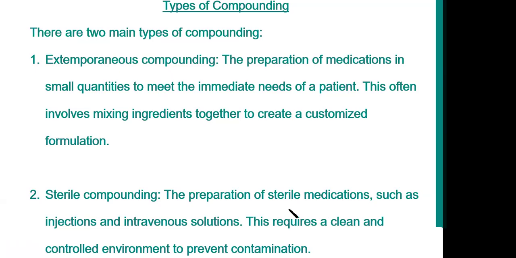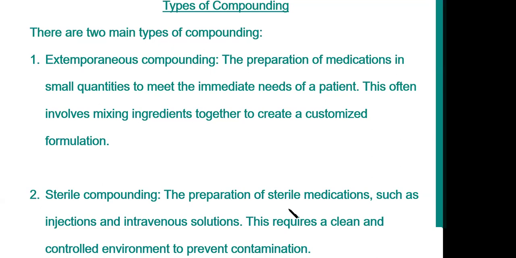That's the first, the preparation of medications in small quantities. Sometimes the need may arise that you have to prepare drugs in small quantities. Maybe in that particular instance, they need that drug.